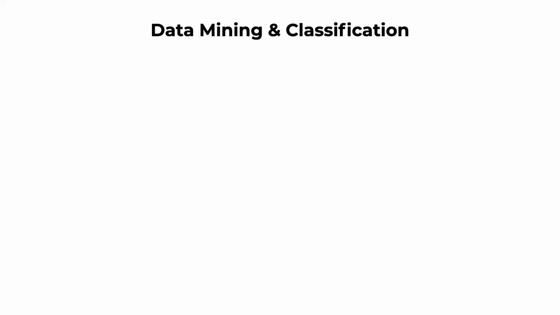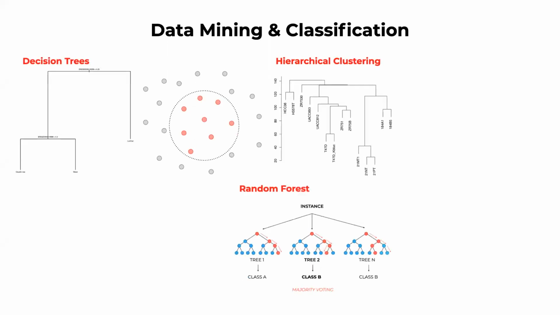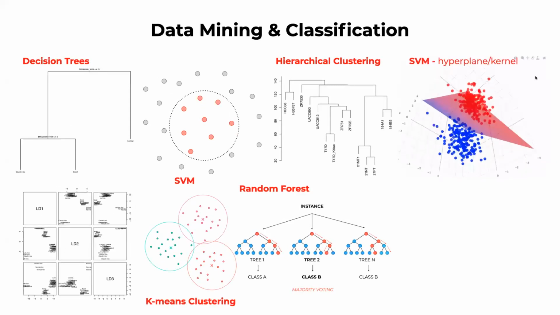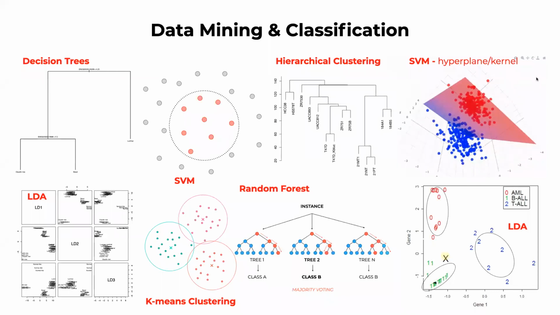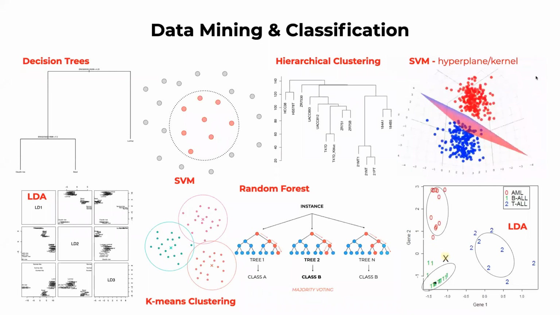In Transcriptomics 3, we'll spend a significant time to understand machine learning or data mining and classification. With the exponential growth of data, many are turning to machine learning to study complex relationships at the subcellular level and develop data-driven research with important outcomes for human health.